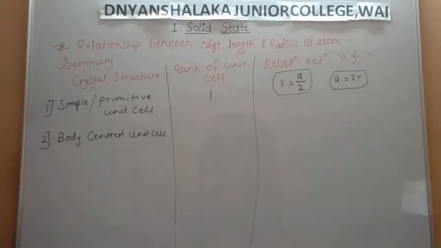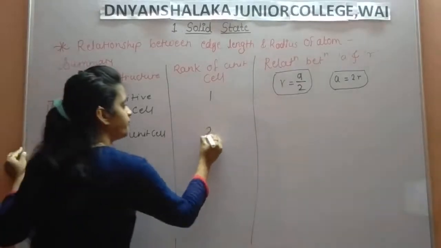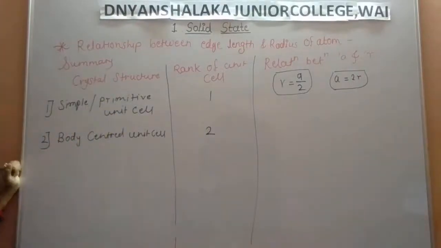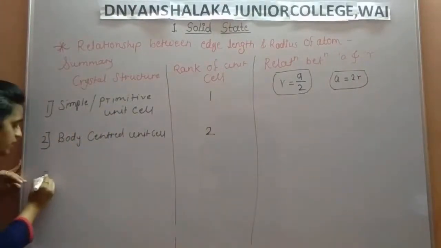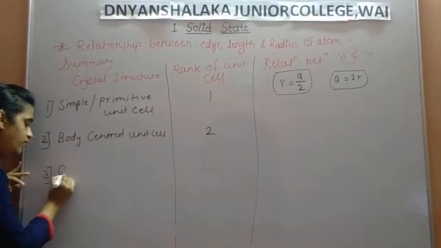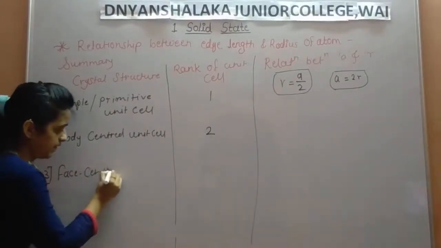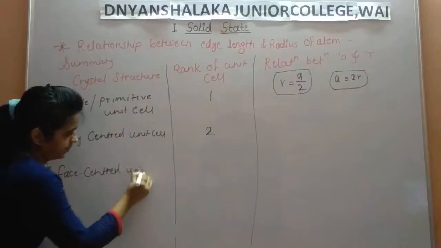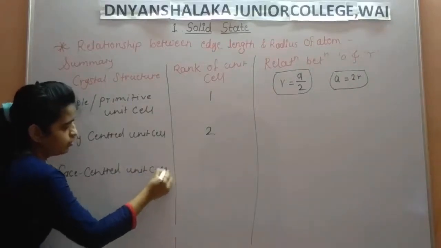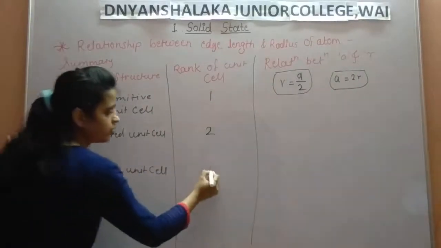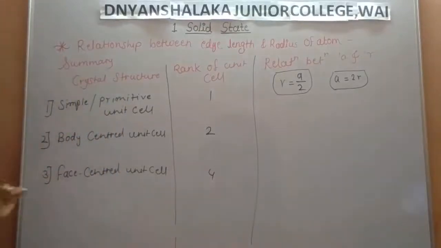So the rank of the body center unit cell is 2. And next we see the face center unit cell. So the total number of atoms is 4. 4 atoms are participating in this unit cell.